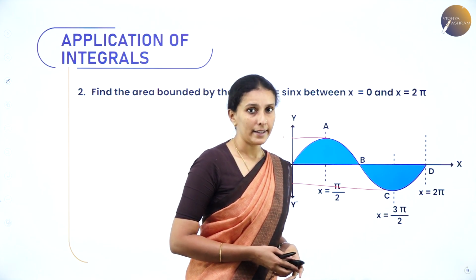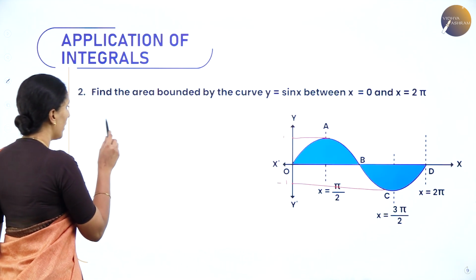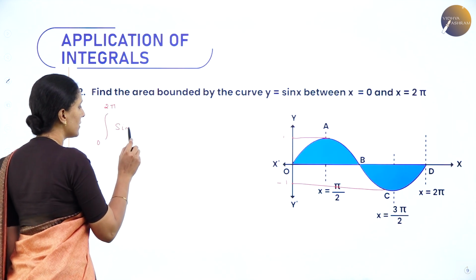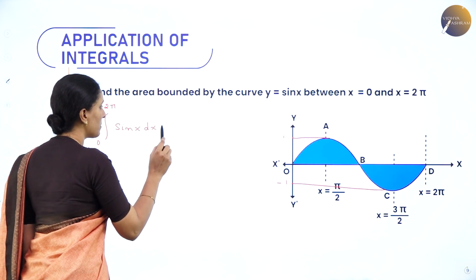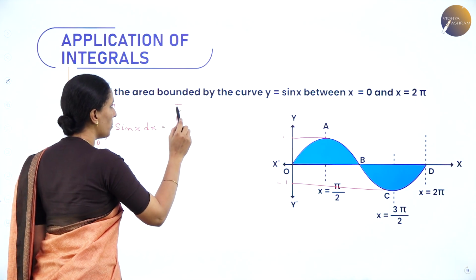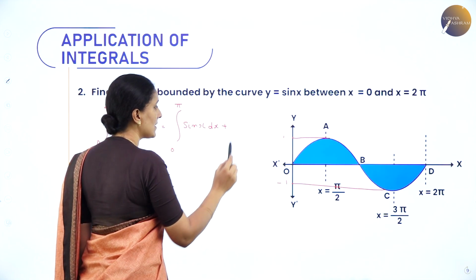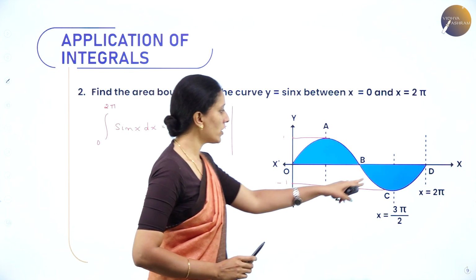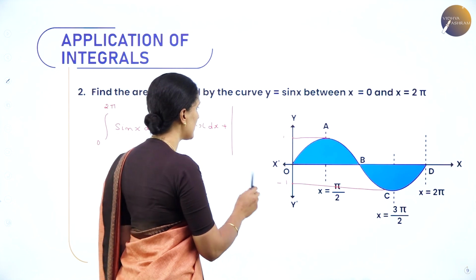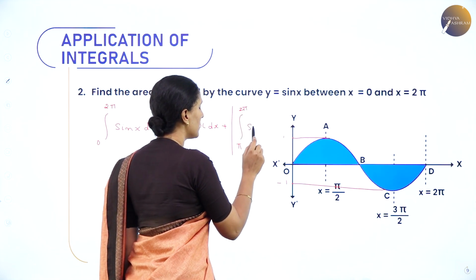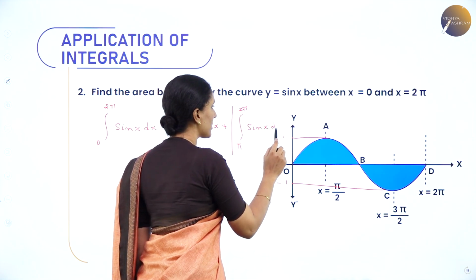You can clearly see half of the sine curve is above the x-axis and half of the sine curve is below the x-axis. Therefore, the integral from 0 to 2 pi of sin x dx we will split in the form of 0 to pi sin x dx plus, I'll take the modulus. Why? Because it lies below the x-axis, and here we'll take pi to 2 pi sin x dx.